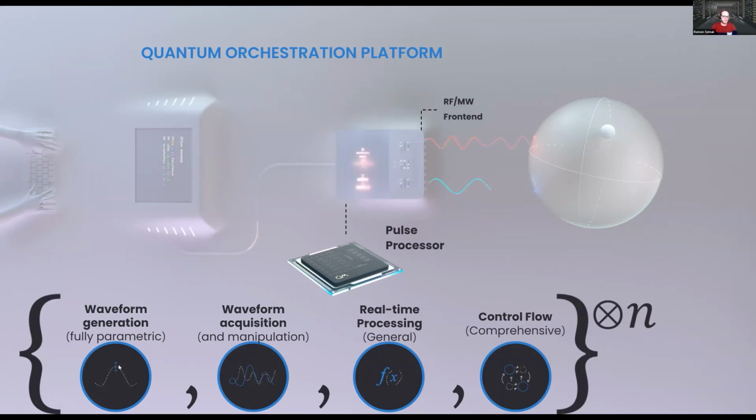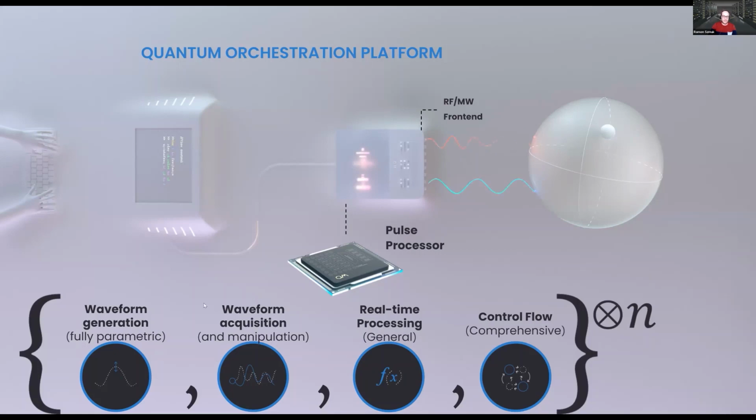Phases can be tracked, and so on. The sampling rate can be changed, and even the output port that the signal is coming out from can be changed in real time. So the pulse processor, firstly, is a very agile waveform generator that takes very little memory. I will convince you, I hope, later on of why that is, because the waveforms are generated on the fly.